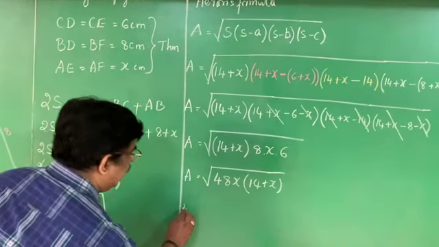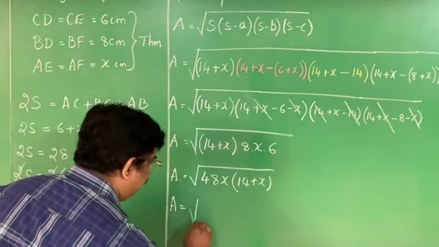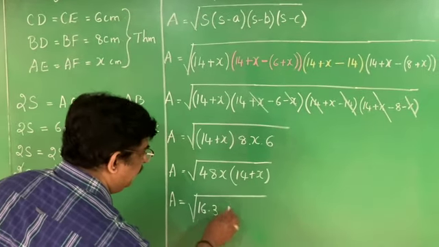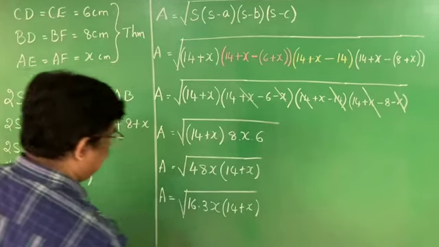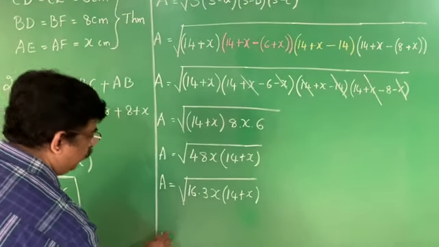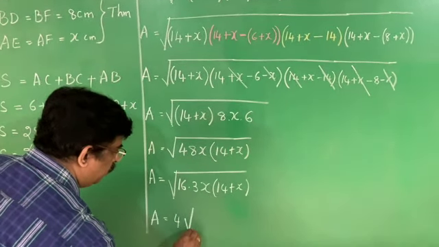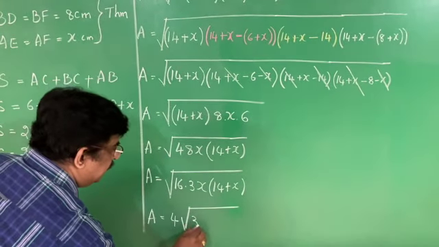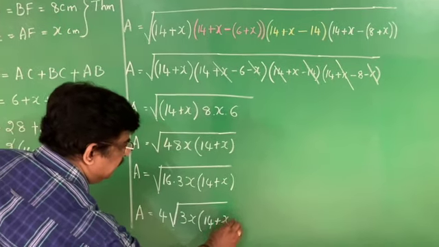Therefore, A is equal to square root of 16 into 3 x of 14 plus x. Square root of 16 is 4. A is equal to 4 root 3x into 14 plus x.